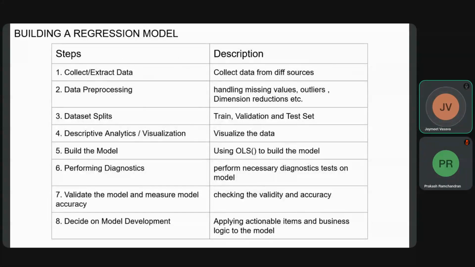These are the 8 steps that you can use as a reference while building a regression model. Collect the data, pre-process the data, then split the data into training, validation, and test.